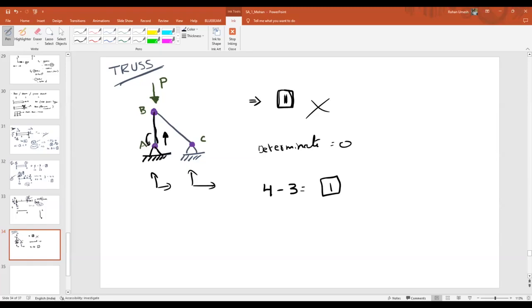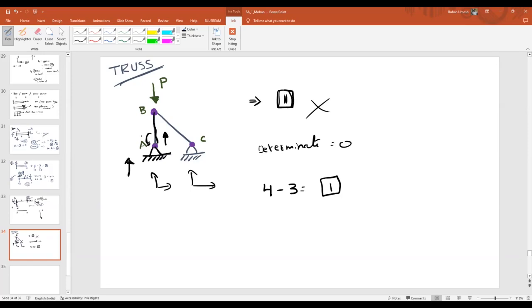As this support is connected to the member AB, and member AB is oriented along the vertical direction, as these are truss members, this will transfer only the axial forces. Because of the load P, member AB will transfer only vertical forces to the support A. So that reaction direction is vertical.